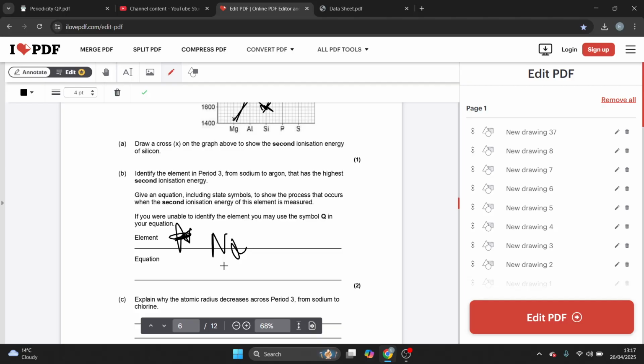Sodium has the largest atomic radius. So sodium has the lowest first ionization energy in period 3.